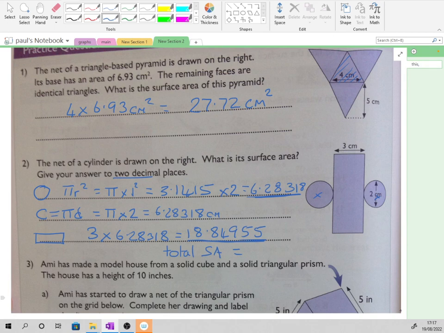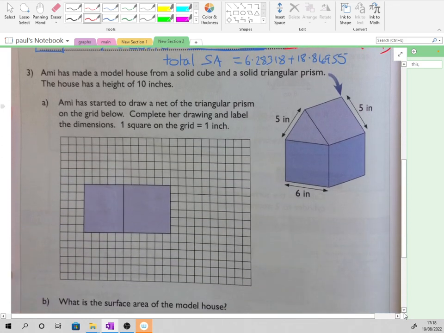So it's going to be 6.28318 plus 18.84955, which equals, I'm going to do it in a different color so we can see where the answer is, 6.28318 plus 18.84955, which is 25.13 centimeters squared to 2 decimal places. Tricky, tricky, tricky.